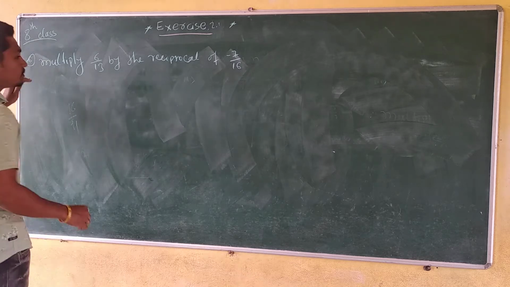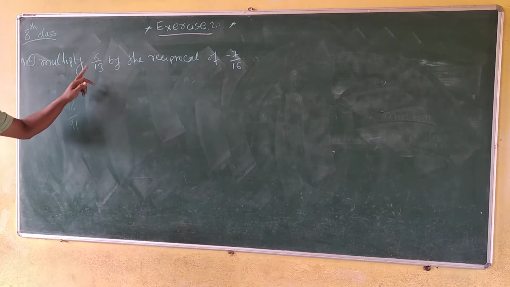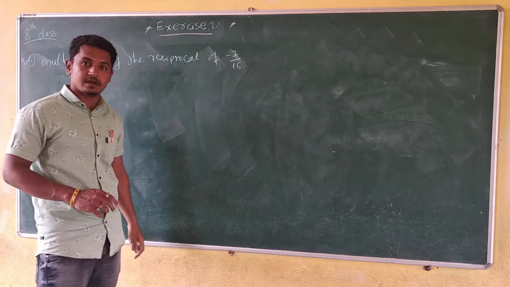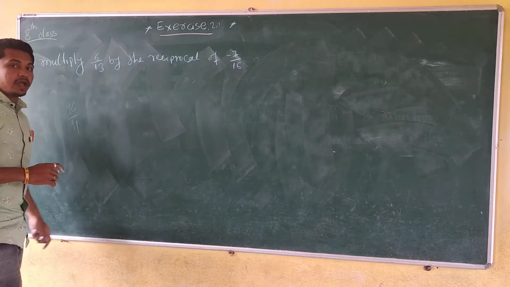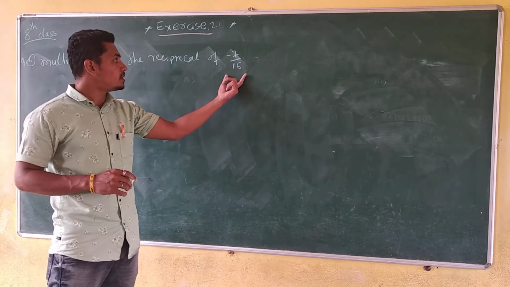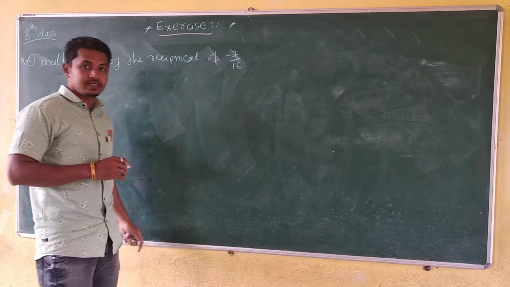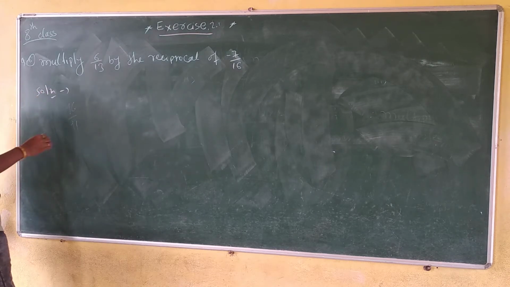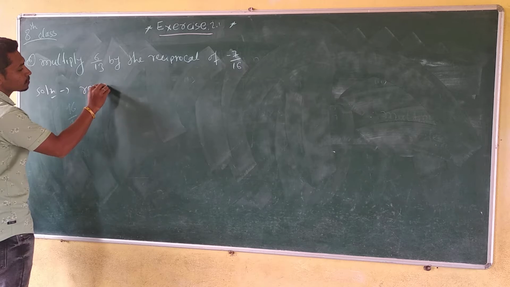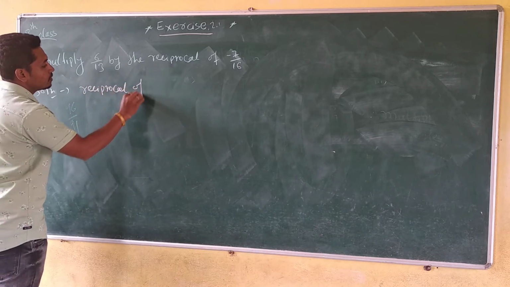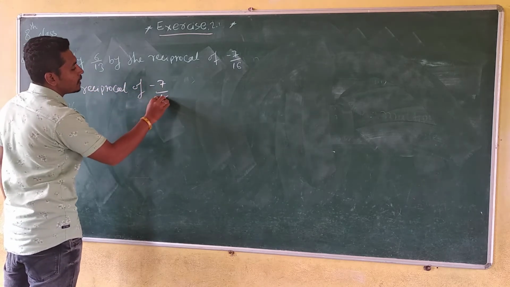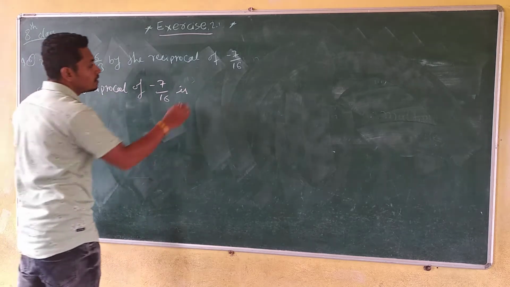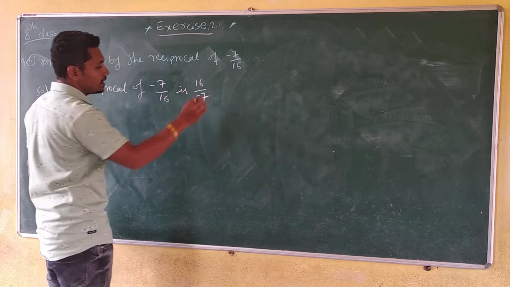This is question number 6: Multiply 6 divided by 13 by the reciprocal of minus 7 divided by 16. First we have to find the reciprocal of minus 7 divided by 16. Solution: the reciprocal of minus 7 divided by 16 is 16 divided by minus 7.